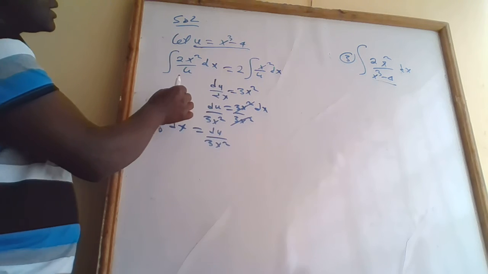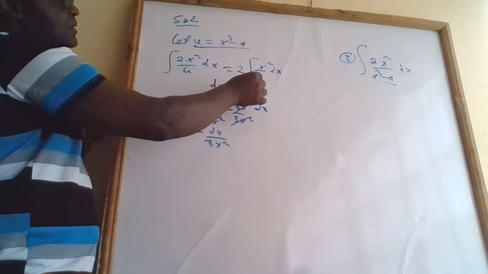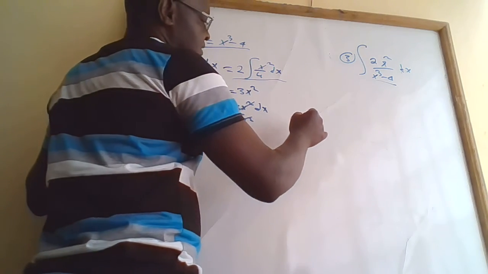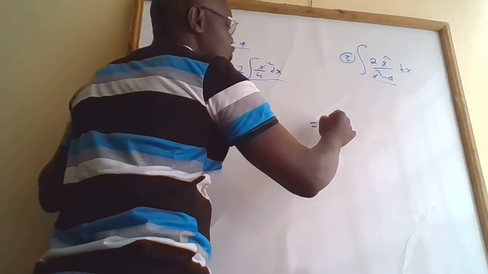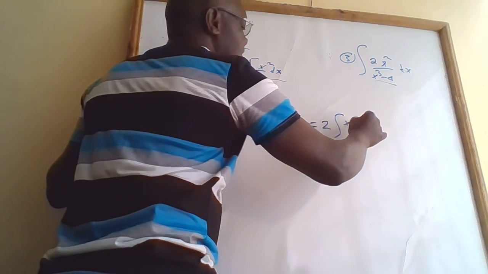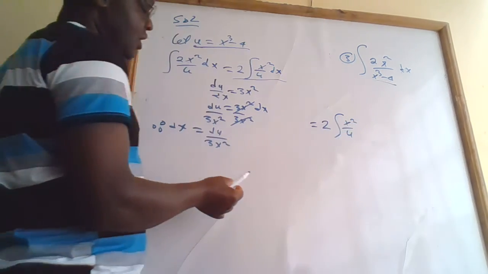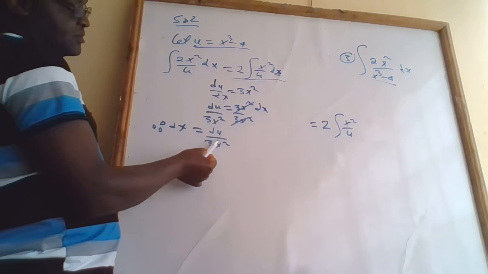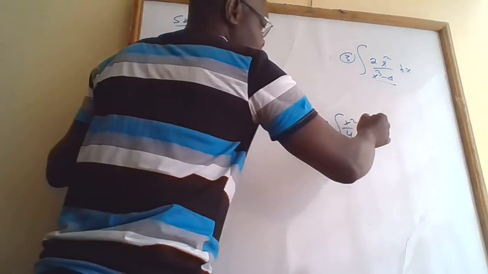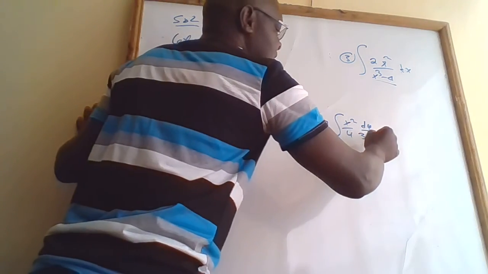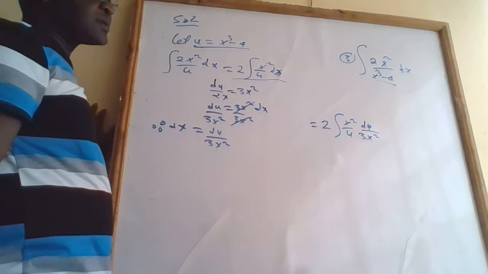Therefore, we go back and substitute in the given integral. So we shall say that this equals 2 the integral of x squared all over u, our dx, which we have expressed in terms of du, all over 3x squared.